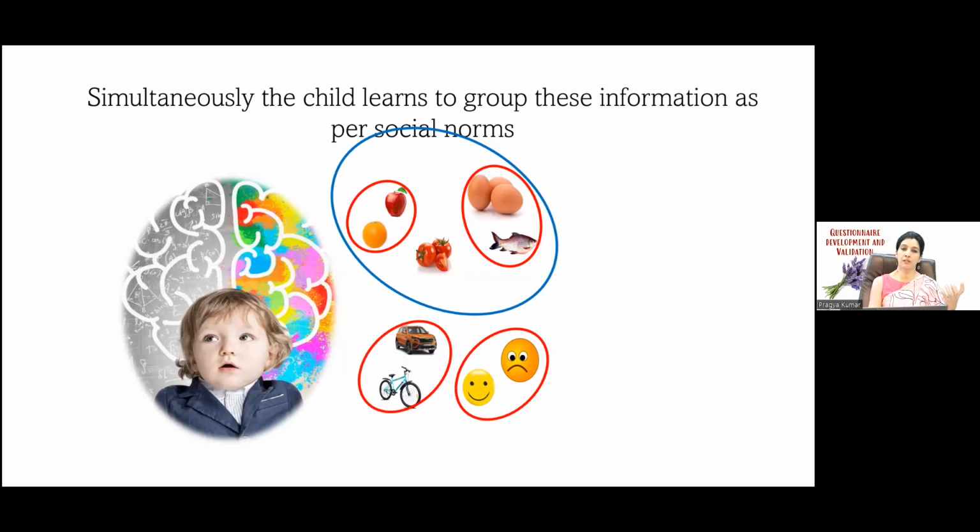And then he will group the cycle and car together. Maybe in qualitative research also we have learned about this grouping. Overall, he may group these as eatables and like that. But he will never group the car into the eatables group, or a mood like angry and happy here. So this is how our brain processes this information.